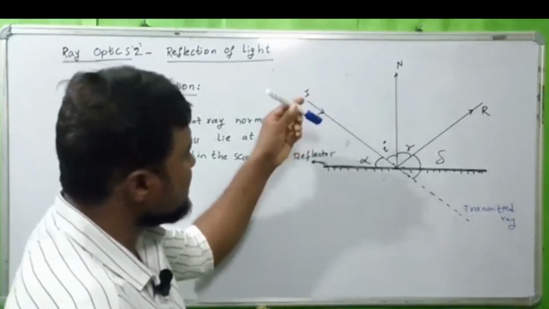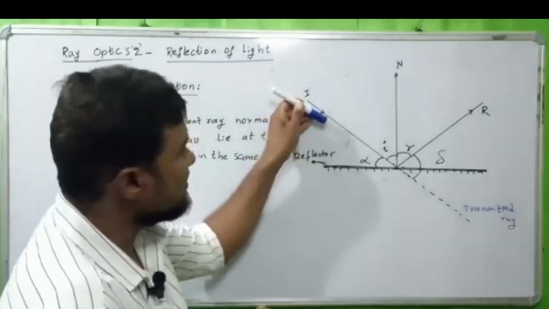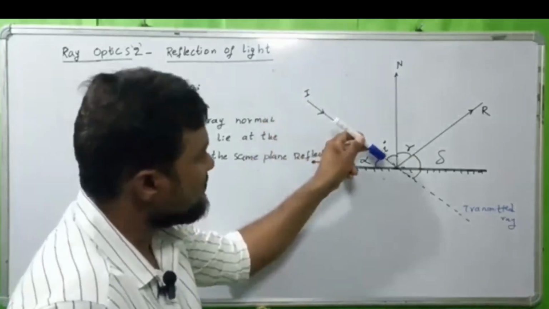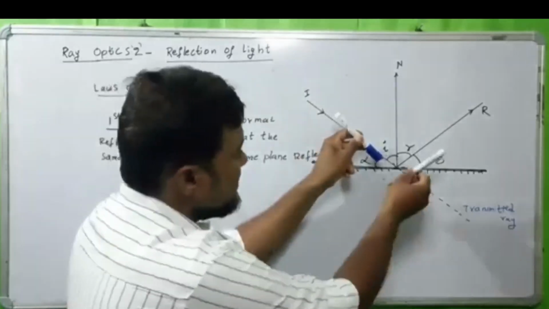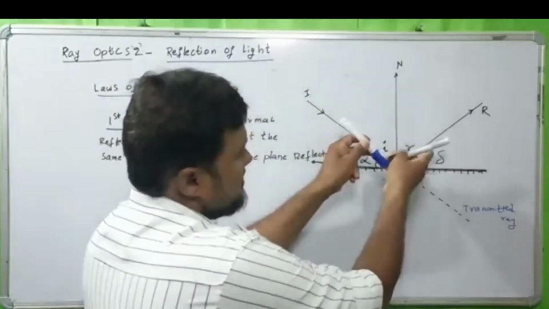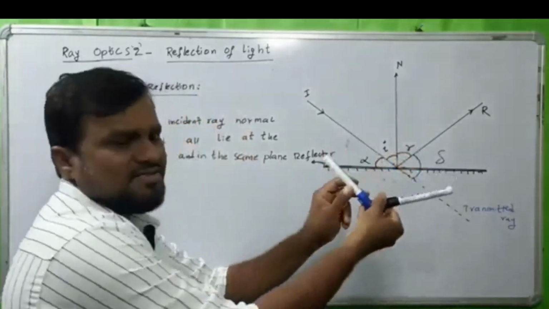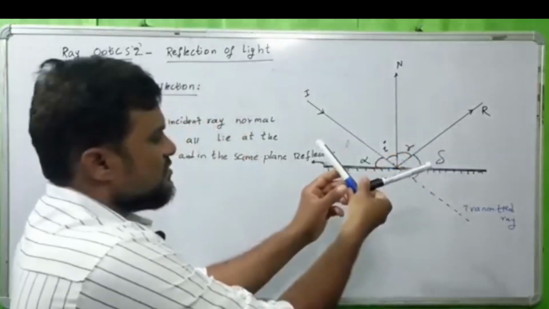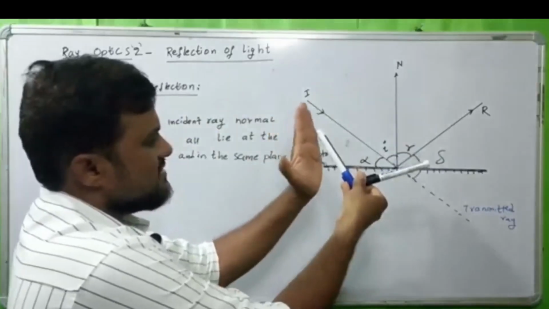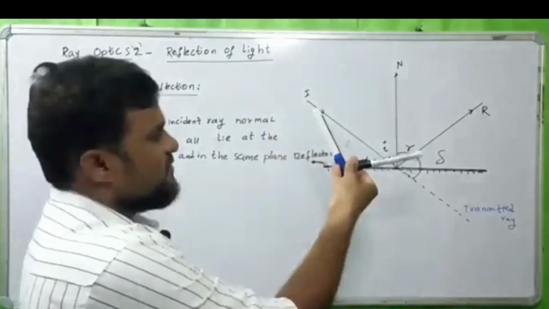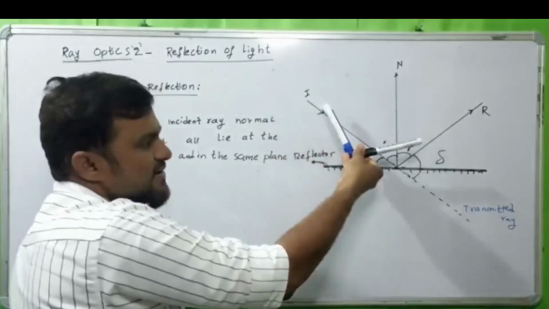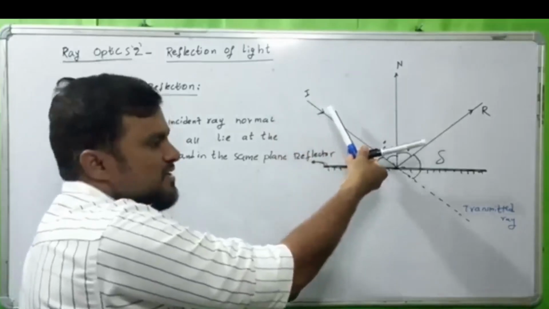Suppose I send a light ray with a torch this way; from the reflector the reflected ray moves that way, meaning they are lying in the same plane. Suppose this is the x-axis, y-axis, xy plane. Now the incident ray and reflected ray lie in the xy plane.